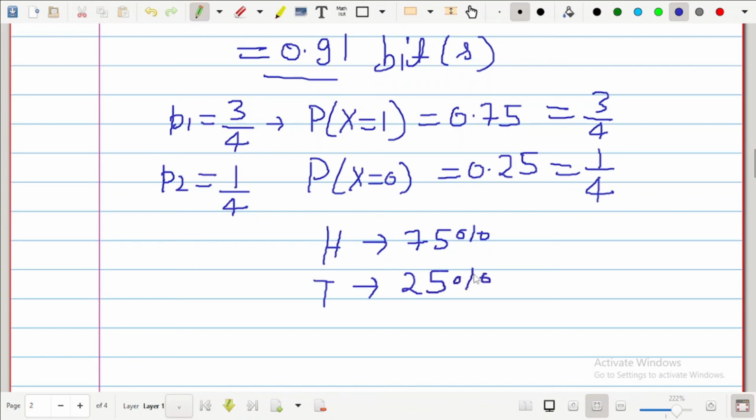From 66% I have increased it to 75%, so about 9% more chances of getting head.